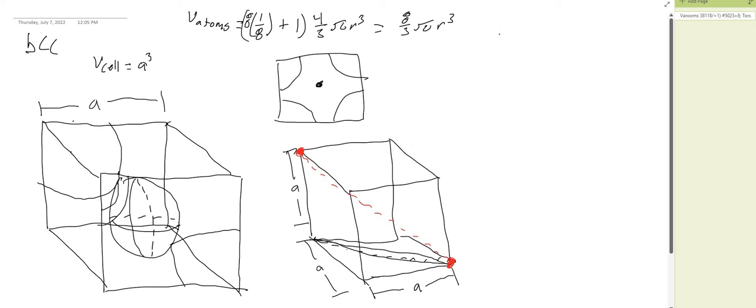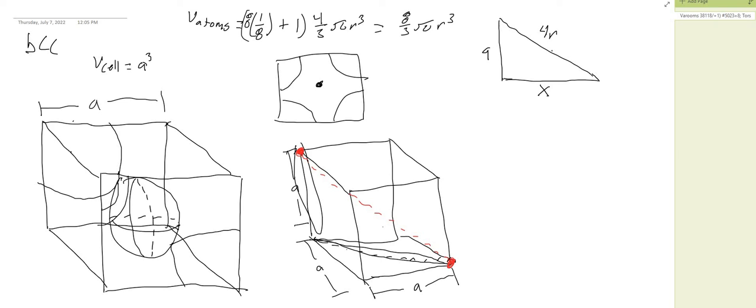So this is A, and this is the main bottom diagonal, and we don't know how long that is. We're just going to call it X. And we know that this one, we have 2 half atoms touching a whole atom for a total diameter of 4r, just like with face-centered cubic. Or 2 radii touching a diameter for 4 radii.